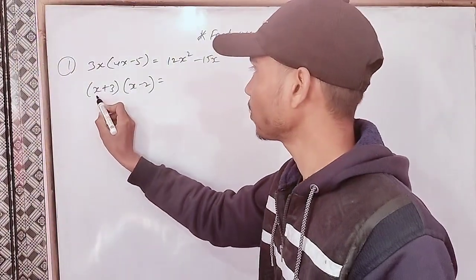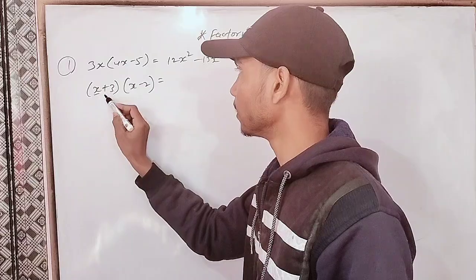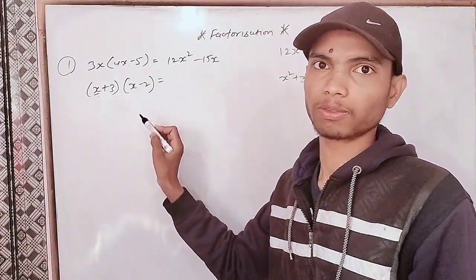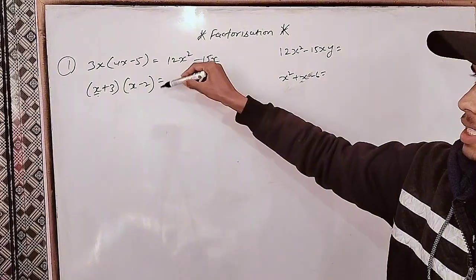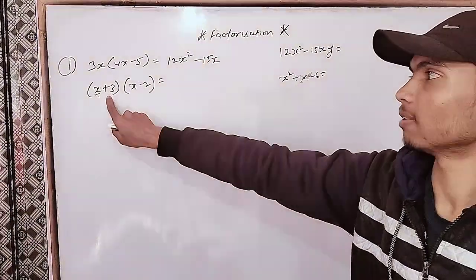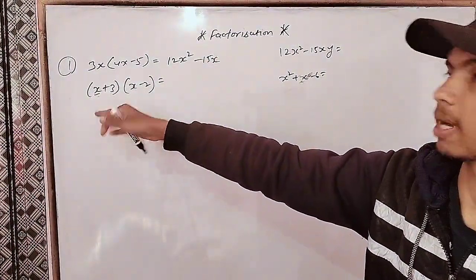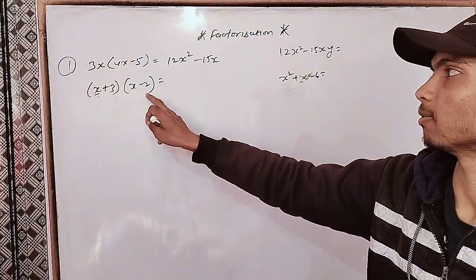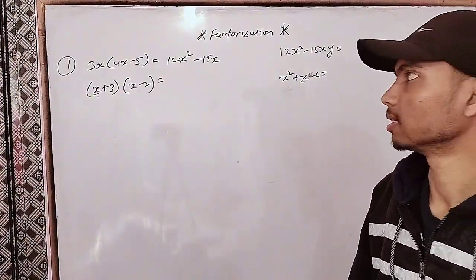First of all, we will take this, and then it will be multiplied by all of whatever is in this bracket. Then we have the operation and then we have a 3. Then we will multiply 3 with whatever is in this bracket.